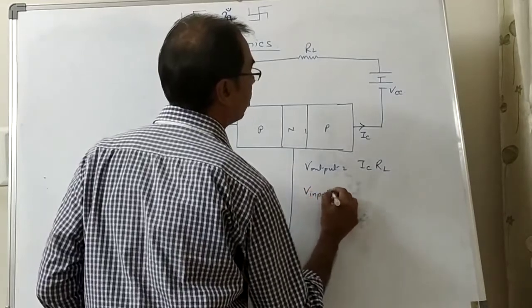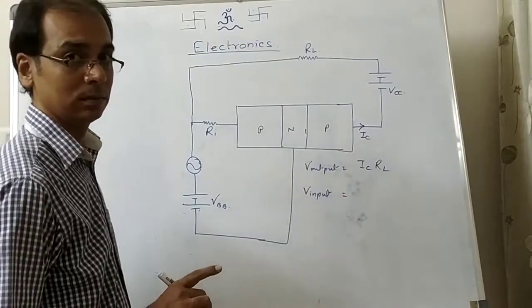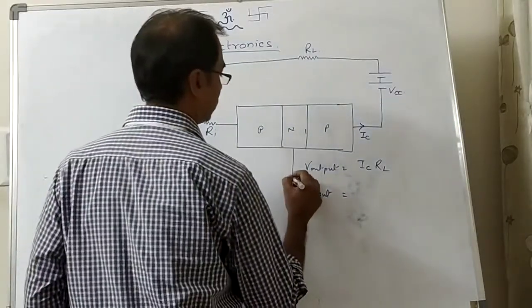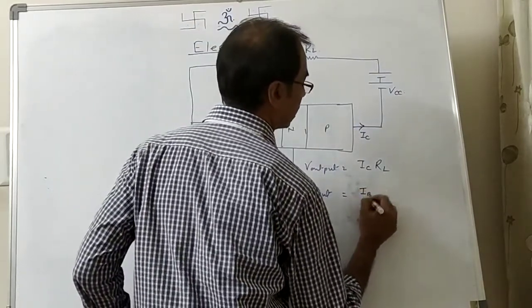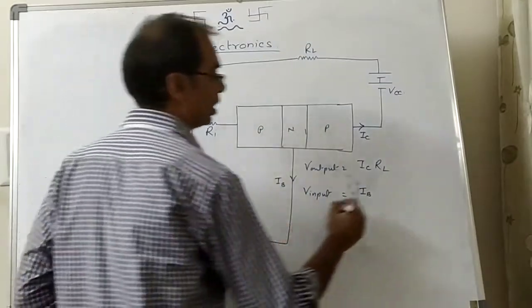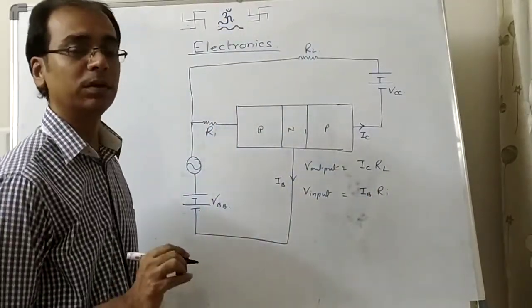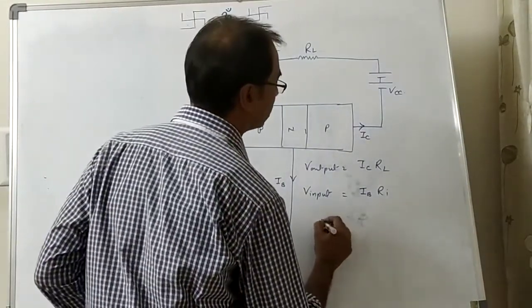Now, if this is common emitter, then input has to be given through the base. And through the base, which current comes? IB. So IB into input resistance RI. Able to understand that?